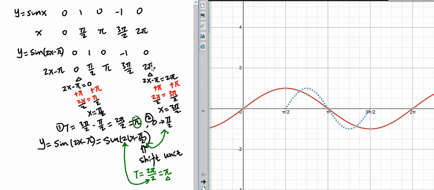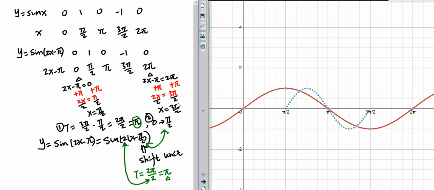Let's choose the last point. If we require 2x minus pi to be 2 pi, we can set up this equation. Plus pi on both sides, then negative pi and positive pi cancel. We have 2 pi plus pi is 3 pi. The left-hand side is 2x.